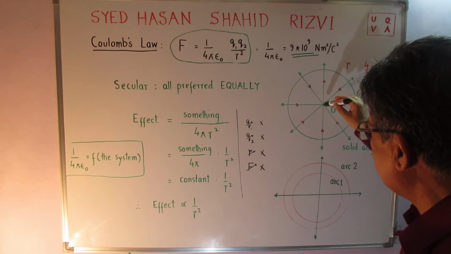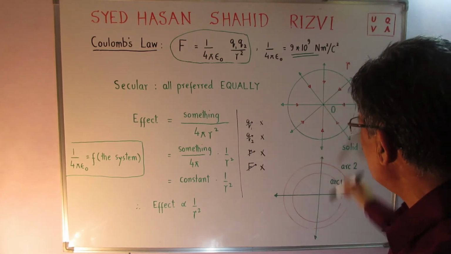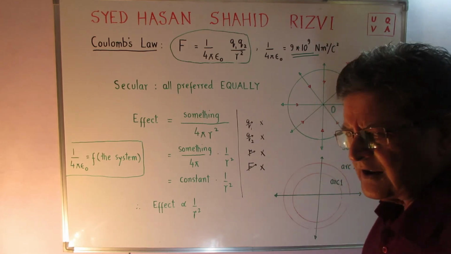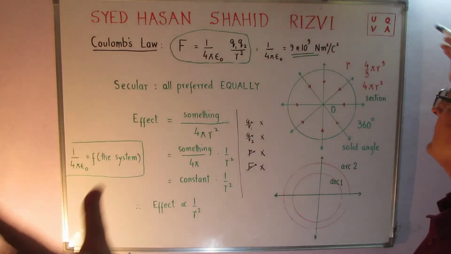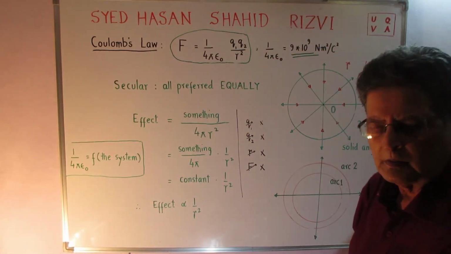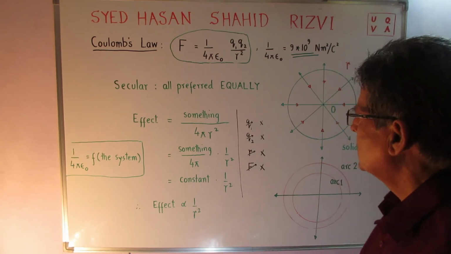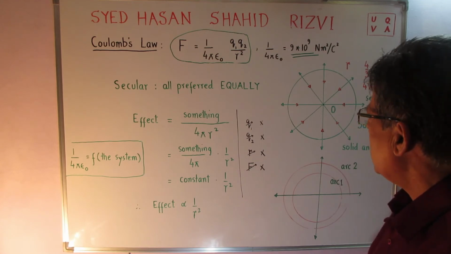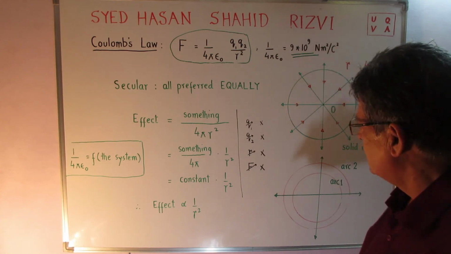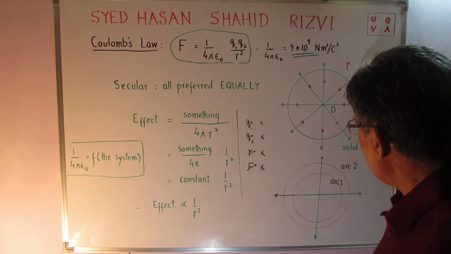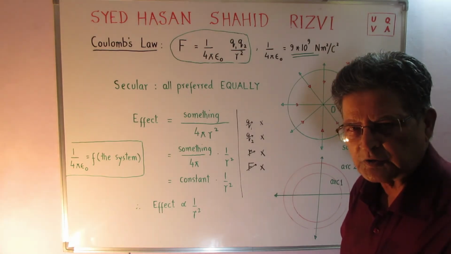Now it doesn't matter whether we have a mass over here, or a charge over here, or a source of light or electromagnetic radiation placed over here, and we have a vast space around it, and that means we can put something over here which emits or absorbs something in all possible directions.